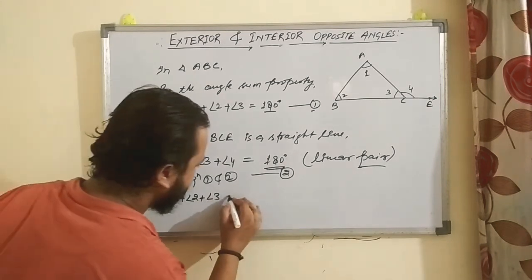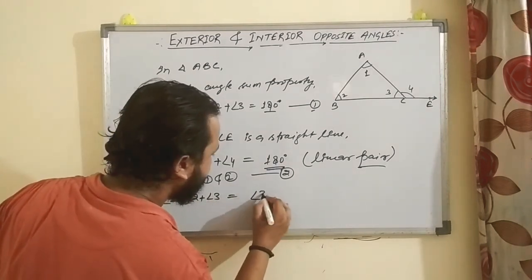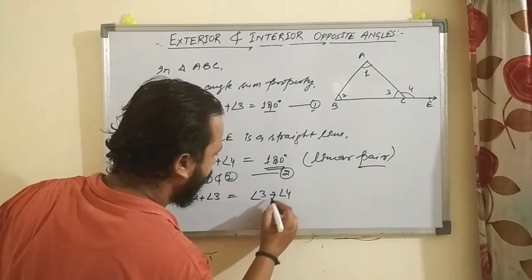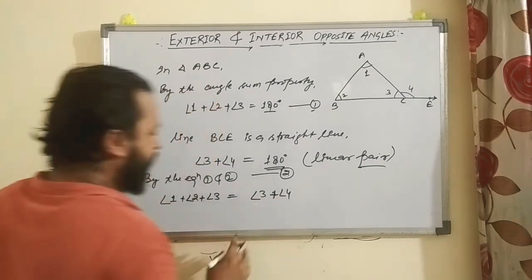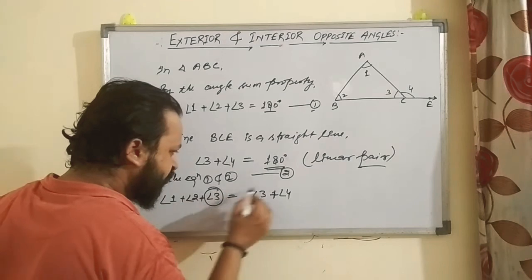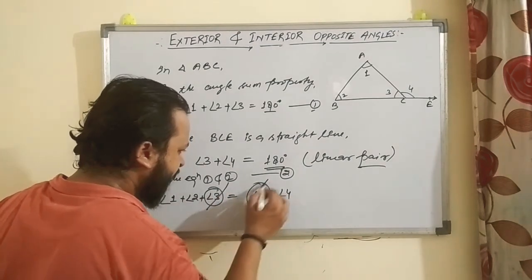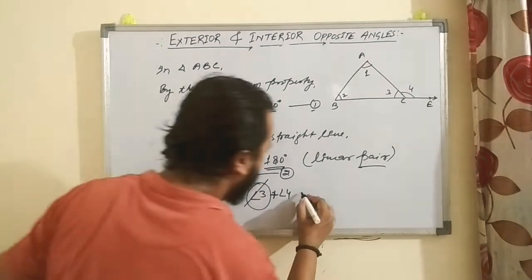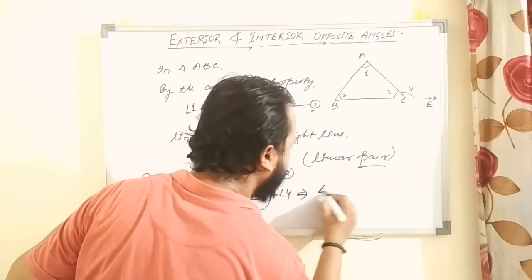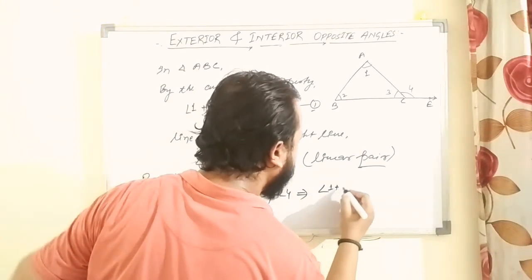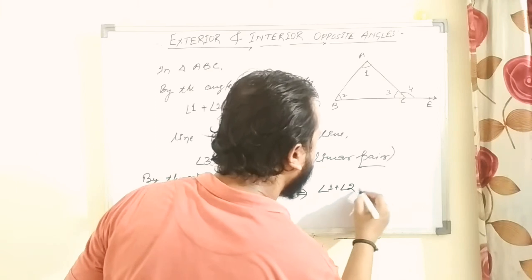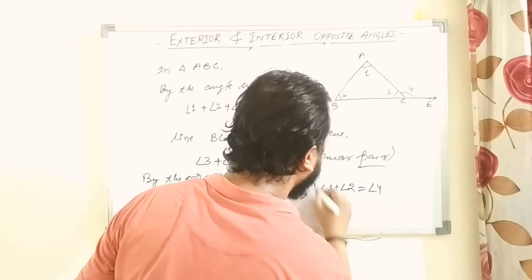These are the angles of a triangle. And angle 3 plus angle 4. So here angle 3 is common in both the sides. You can cancel it out. So now from here you get the value that angle 1 plus angle 2 is equal to angle 4.